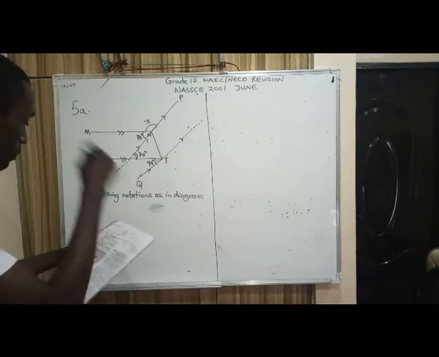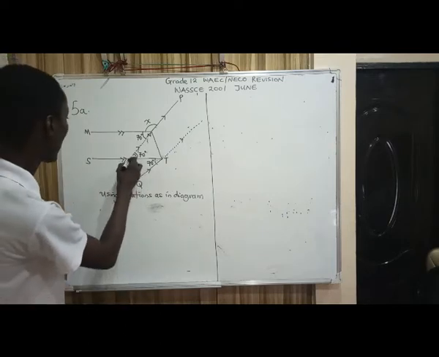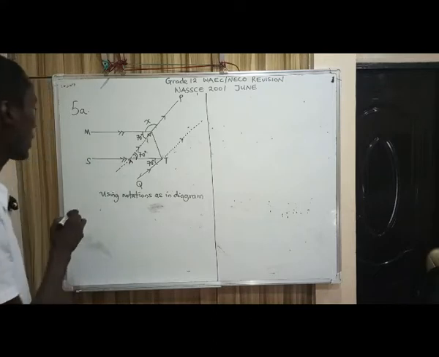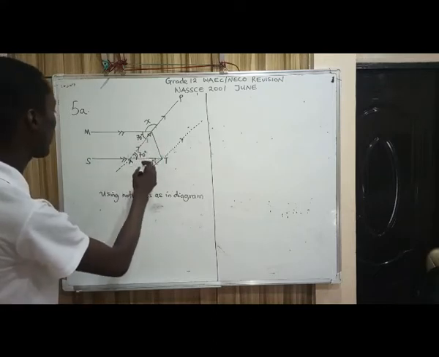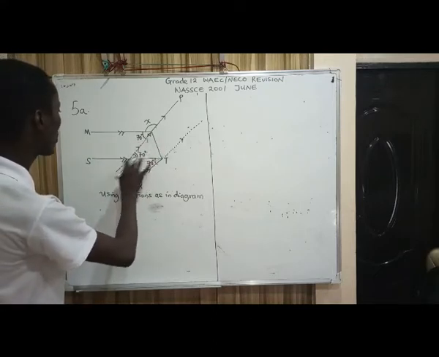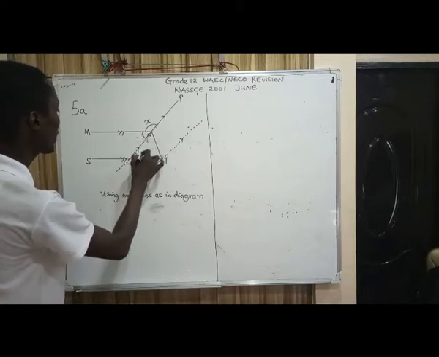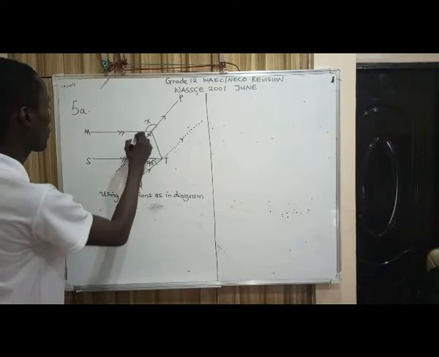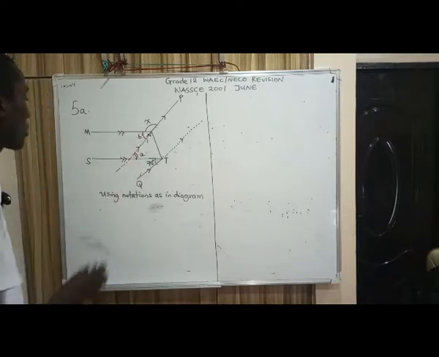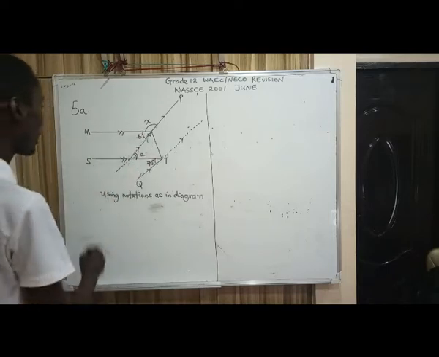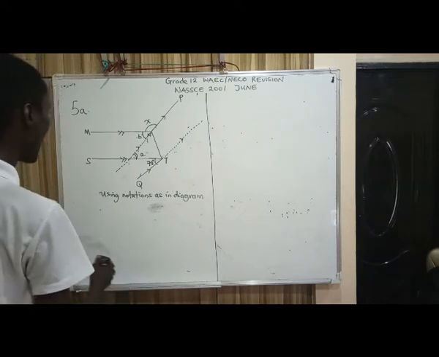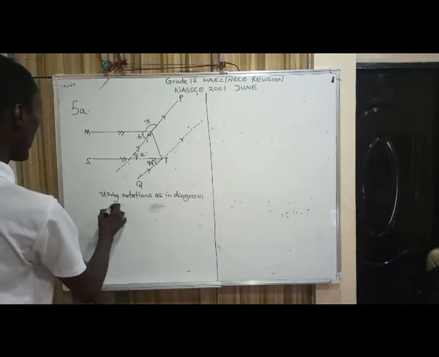By the diagram adjustment I made, I can call here small letter A. I can call here small letter B. So with this arrangement, I can say that A is equal to 70 degrees.